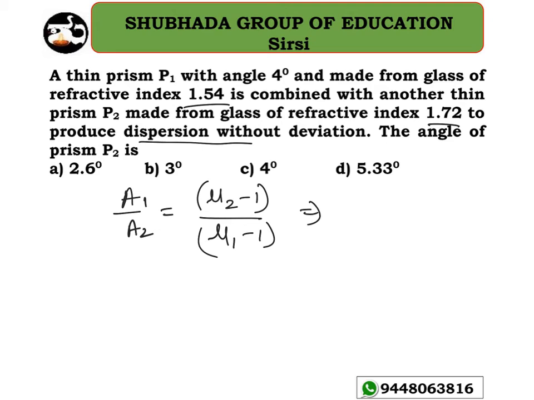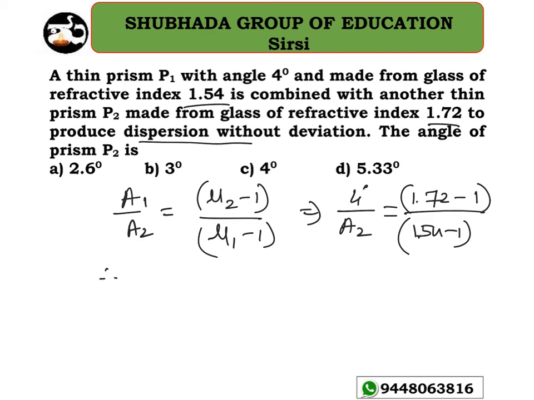It implies A1 is 4 degree, divided by A2, which we need to calculate, equals (1.72 minus 1) divided by (1.54 minus 1).